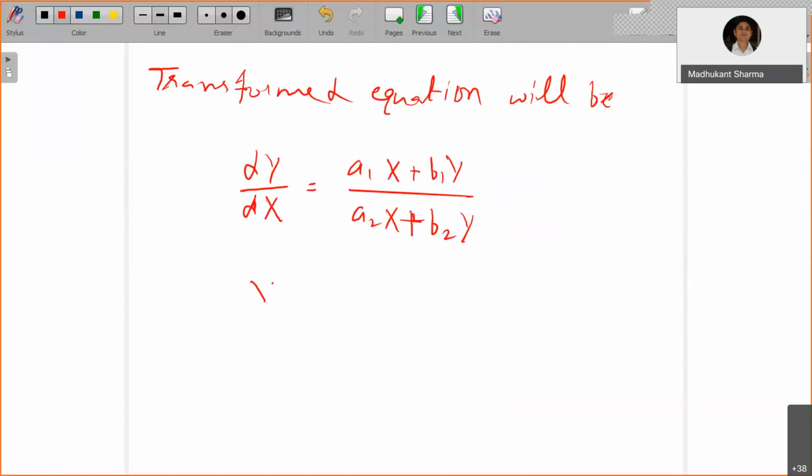And you can certainly use the transformation Y equals vX. That will reduce it into a variable separable form, which you can solve.